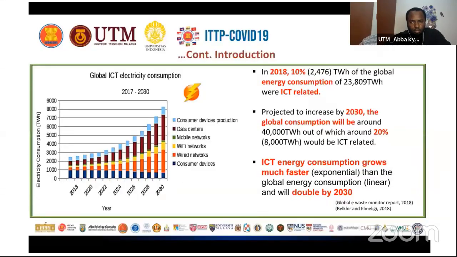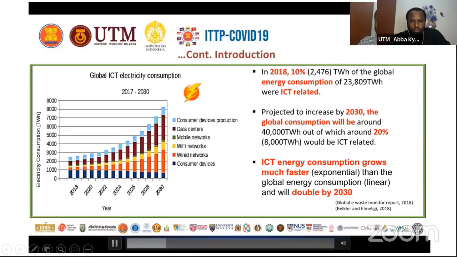Global ICT electrical consumption in 2018 was 10% of energy consumption, projected to increase to around 20% by 2030. ICT energy consumption is growing much faster, doubling by 2030.